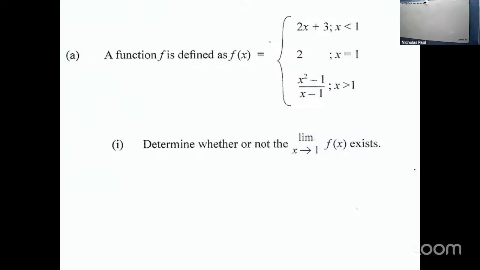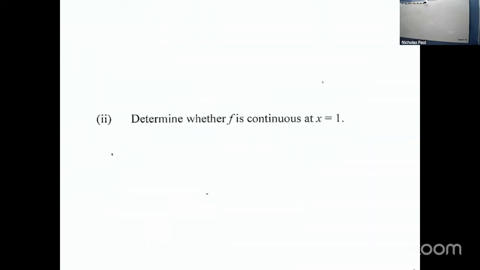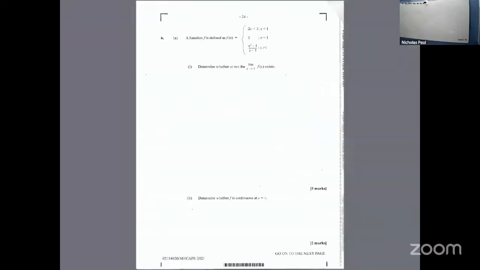And the last part is to show it's continuous. Right? Show it's continuous at x equals 1. That's the last part. Hurry up.